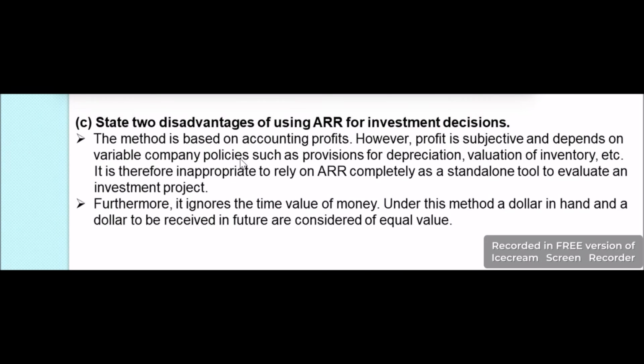And like one company may calculate the inventory based on FIFO method, other may calculate it based on LIFO method. So when we follow different methods of calculation, the profit may also differ. So this may not be an appropriate method to compare the projects taken up by different companies. Hence, this is the drawback of ARR.